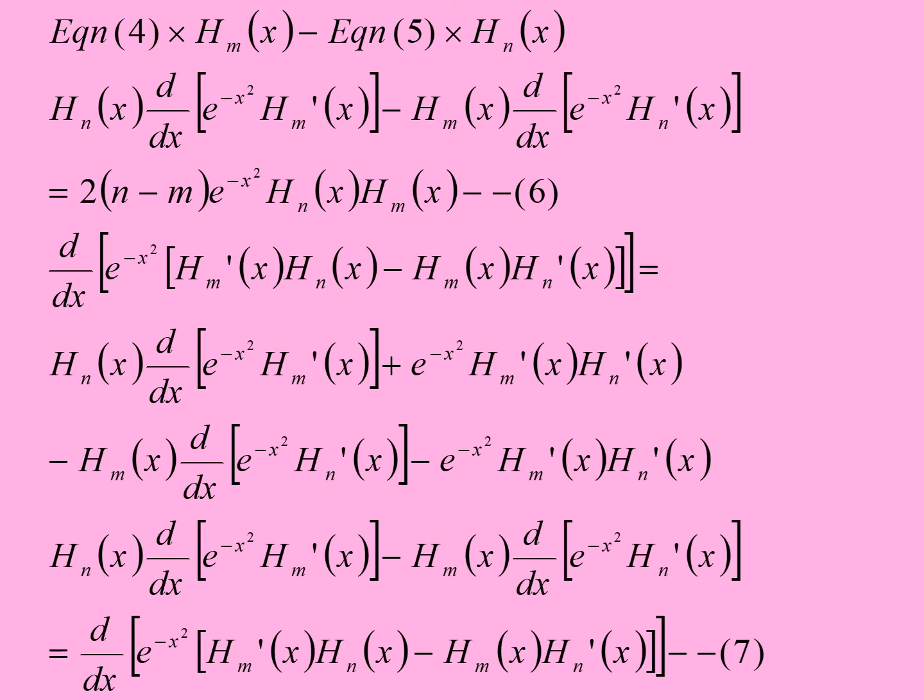So these two terms will be cancelled out. So we can get Hn of x d by dx of e power minus x squared Hm prime of x minus Hm of x d by dx of e power minus x squared Hn prime of x is equal to d by dx of e power minus x squared times Hm prime of x Hn of x minus Hm of x Hn prime of x.